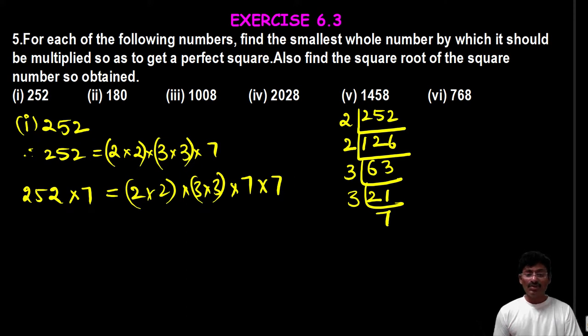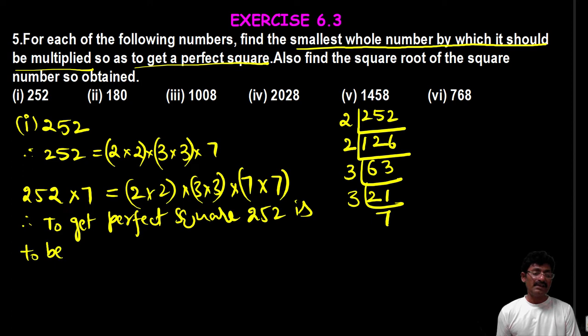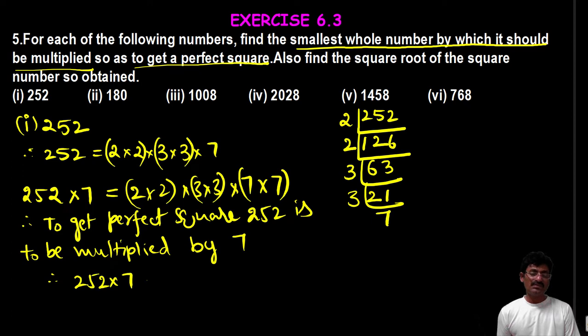If you do like this, we get pairs. We need the smallest whole number by which it should be multiplied to get a perfect square. So 252 is to be multiplied by 7.